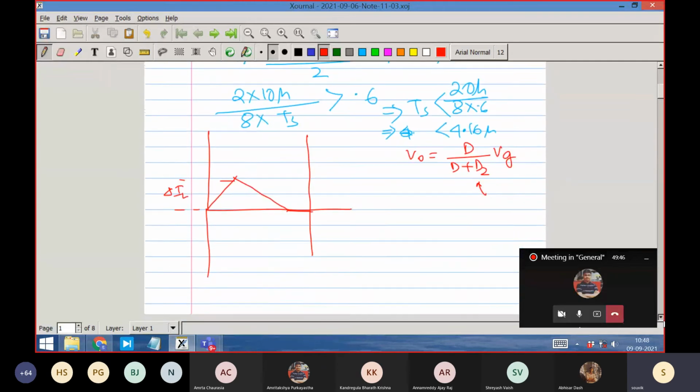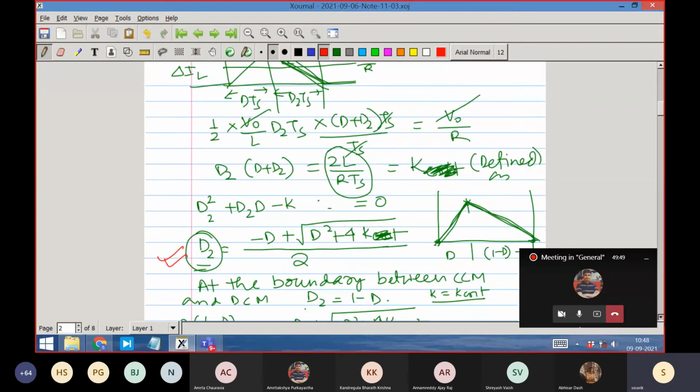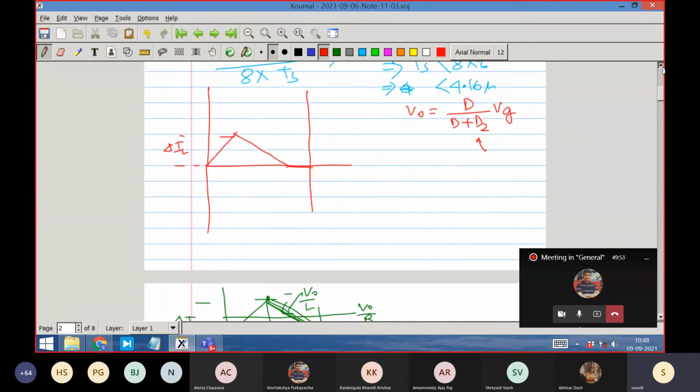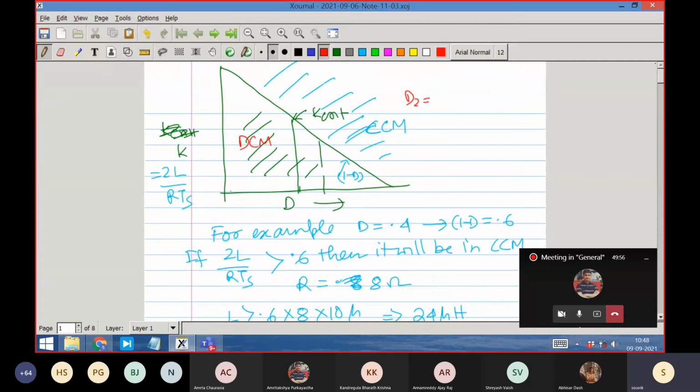D2 is minus D plus square root of D square plus 4k by 2. So what is this? Minus 0.4 plus 0.4 square plus 4 into k.